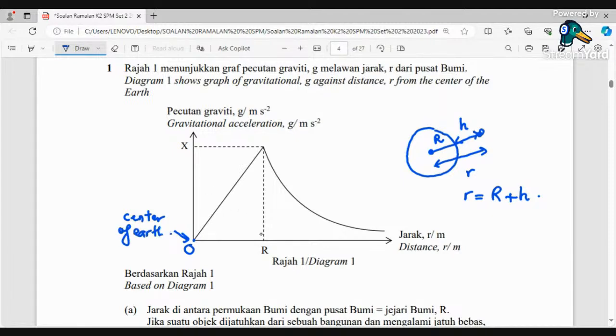So this point is the center of the Earth. So radius equals 0 here. So at the center, the value of g is 0. So you can see origin here. So when distance increases from center to the surface, at the surface is R, means here is the surface of Earth.